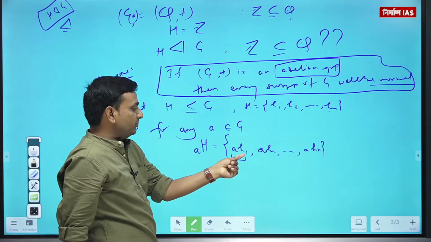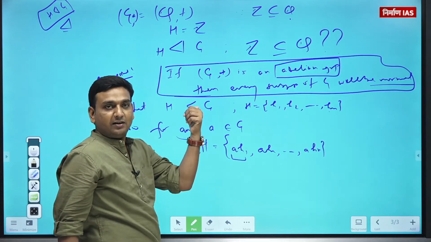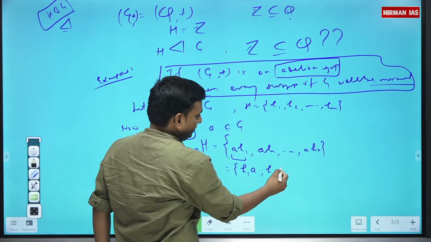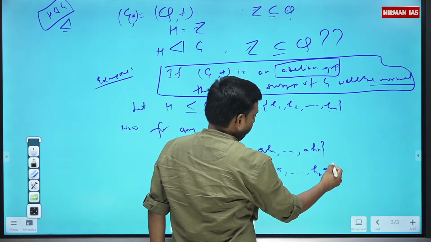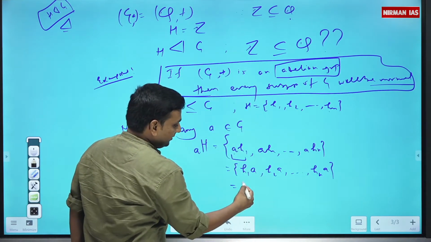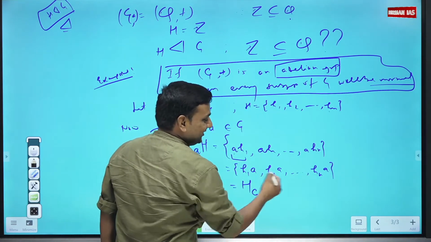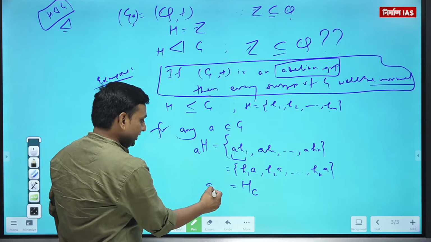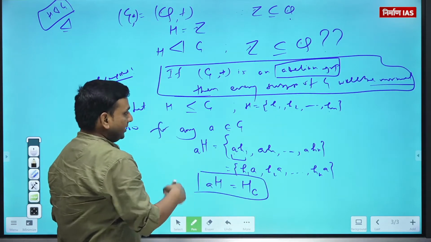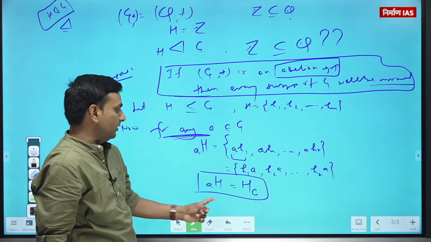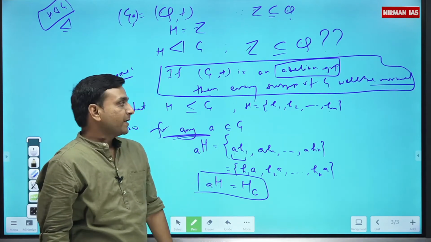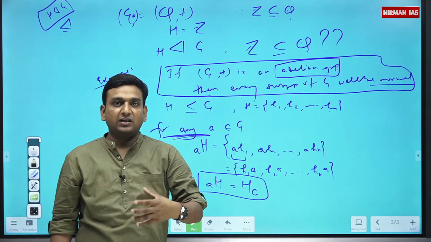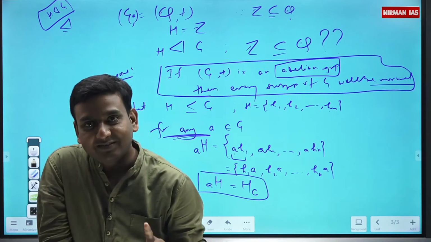So a and h1 are both elements of G, so they will commute. So what can I write? h1a, h2a and hna. What will it be? Check it out. This is the right coset of H generated by a. Ultimately you have it like this, and for any arbitrary a this will hold. So we say, if G is abelian, then every subgroup of G is a normal subgroup of G.